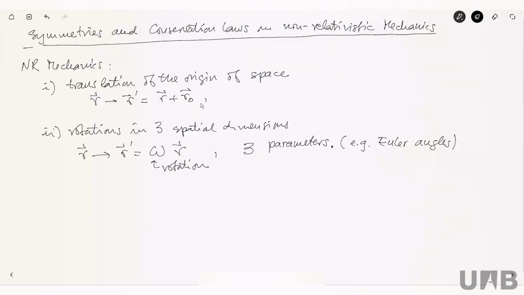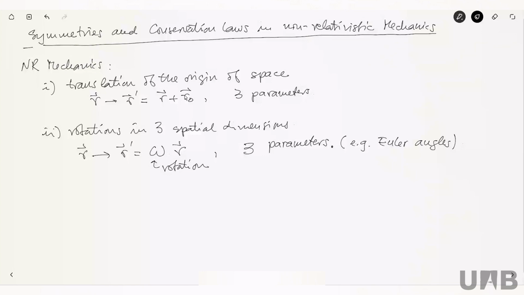How many parameters do we have here? 3 again? Yes, 3 parameters. The 3 components of R0.